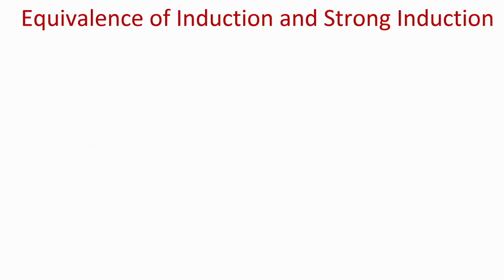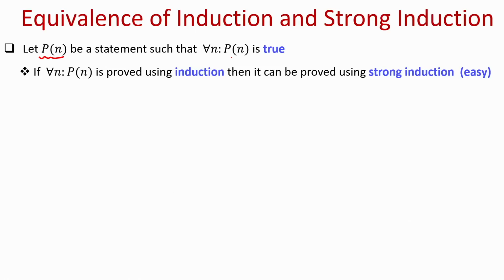Now, as I said earlier, any proof given by regular induction is equivalent to a proof by strong induction and so on. So, what we will do here is prove that if you have a predicate p of n and the universally quantified statement for all n, p of n, is true, then any proof of this universal quantification by induction can be converted into a proof by strong induction and vice versa.